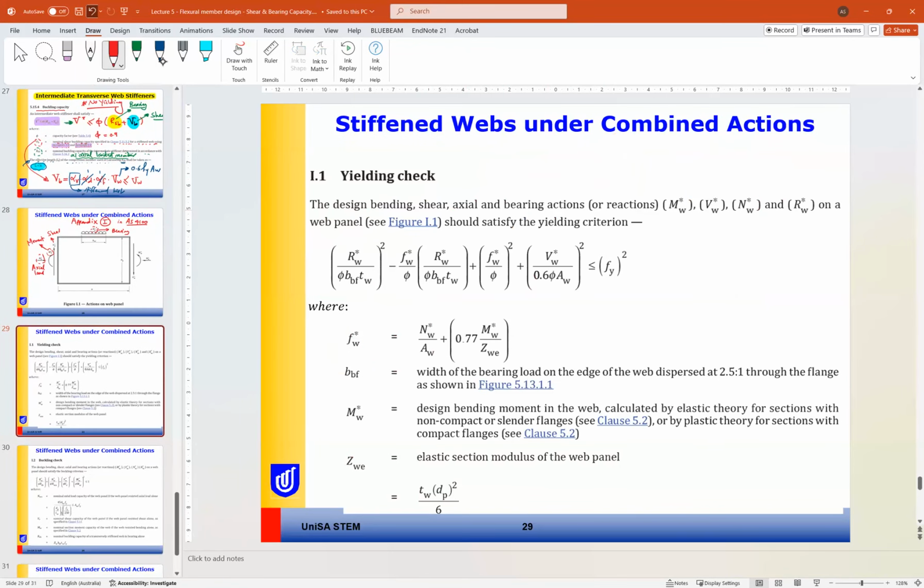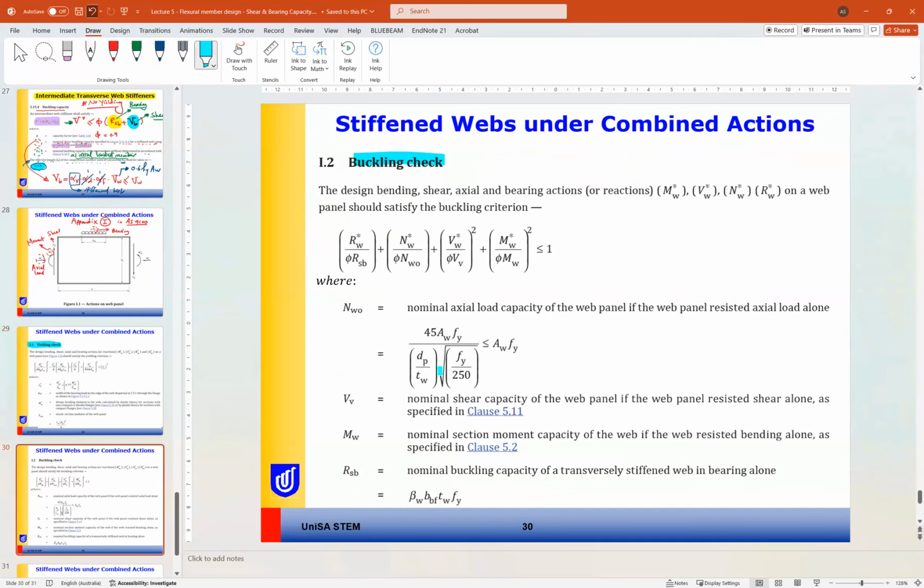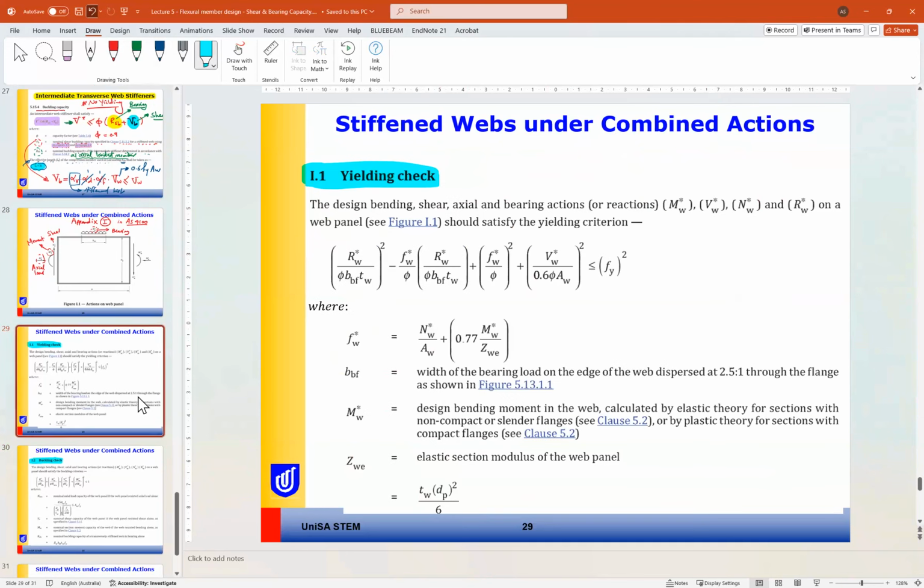So for the formula, we have two checks again, one for a yielding check and one for a buckling check. This is the check for a stiffened member under all types of loading: bending, shear, axial, and bearing. So we have M, V, N, and R. If you have all the possible actions at once, the formula to check is this formula here.